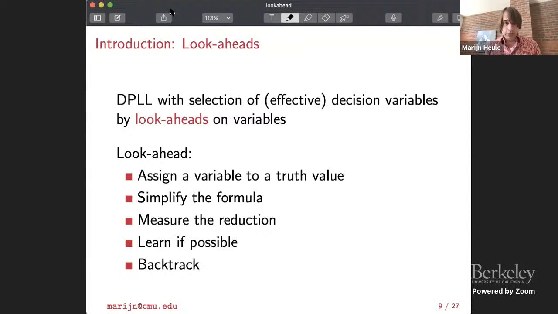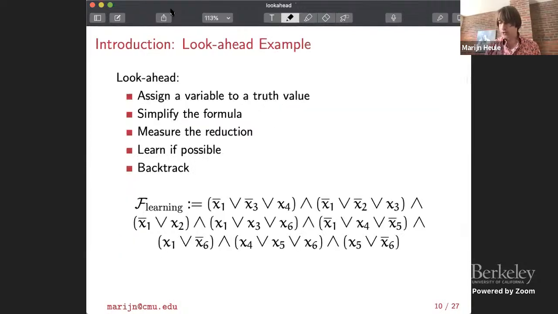The learning here is completely different from CDCL, and this is what I call local learning. Most of the middle part of this talk will be on local learning techniques. Once you've finished the local learning, you backtrack and you do a look ahead for another variable.